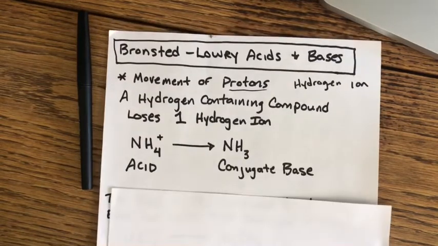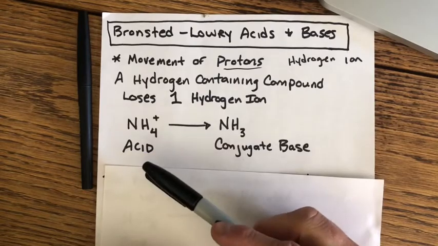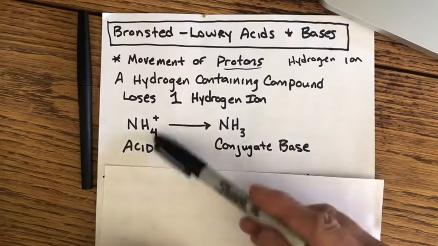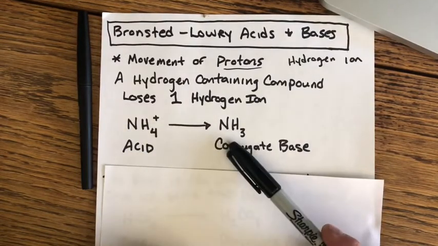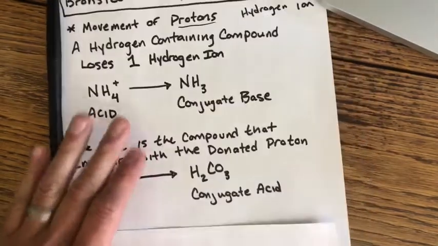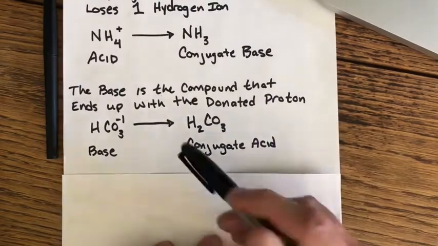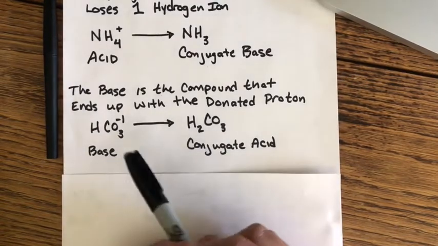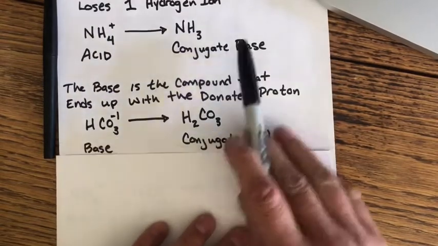Okay, and we call these things acids that give away the proton, and then it becomes what's called a conjugate base. And so the acid has this amount of hydrogens that will decrease by 1 to become a conjugate base. Okay, the base is very similar, except that it's the compound that ends up with the donated proton. So we're looking at two separate things here, but we're just exploring acid versus base to begin with.